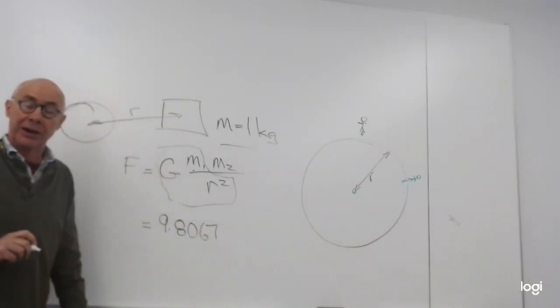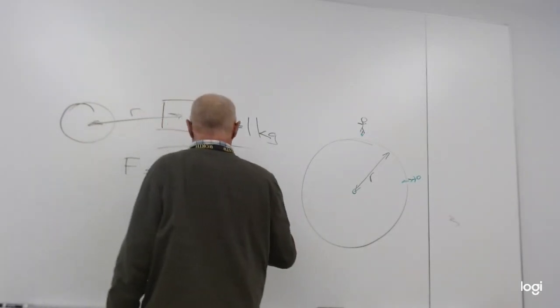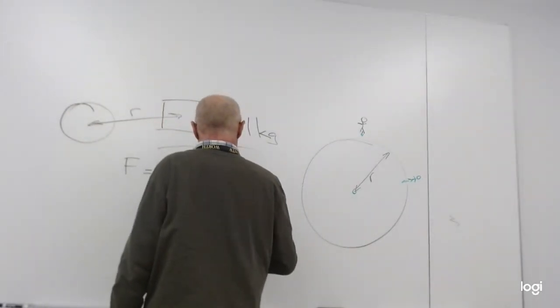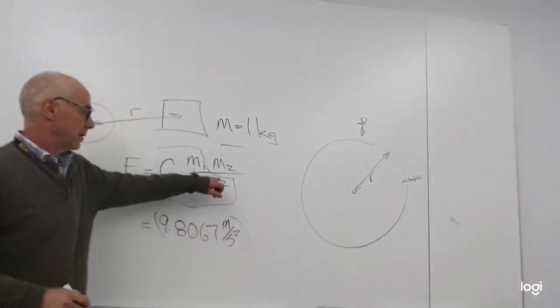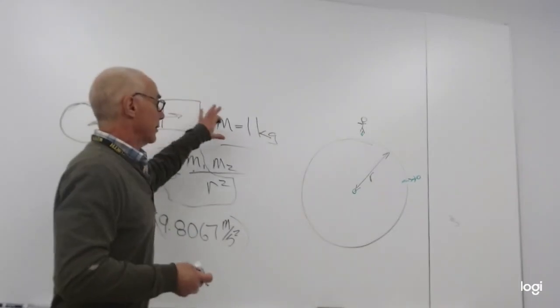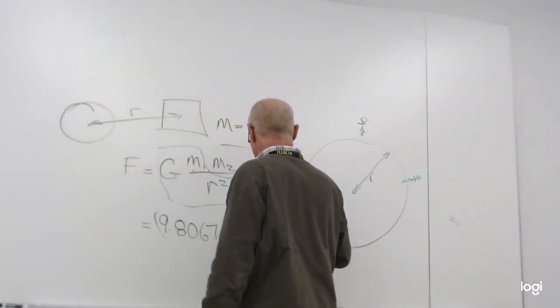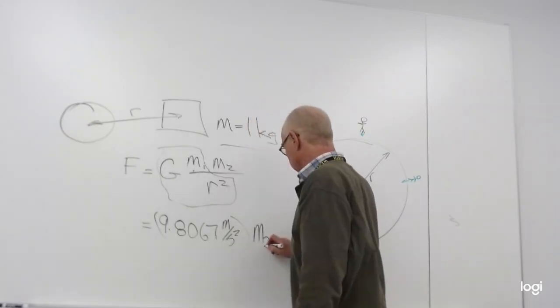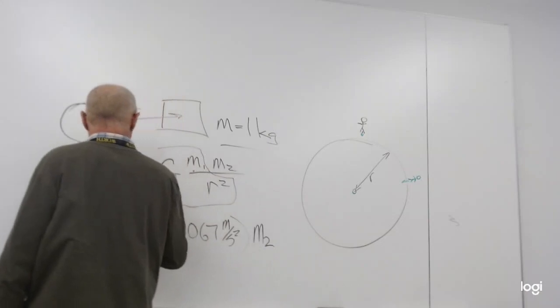Now we're talking about SI, or metric units: 9.8067 meters per second squared times the mass 2. That's my mass, the mass of our box or whatever it is sitting on the planet. So I'll just call that mass 2. That's going to be the gravitational force.